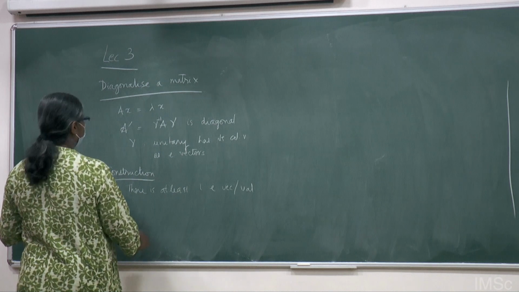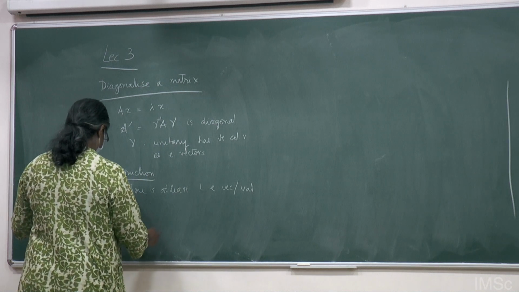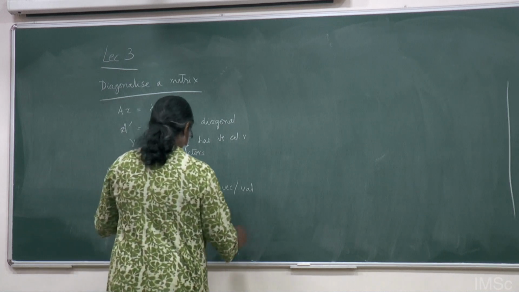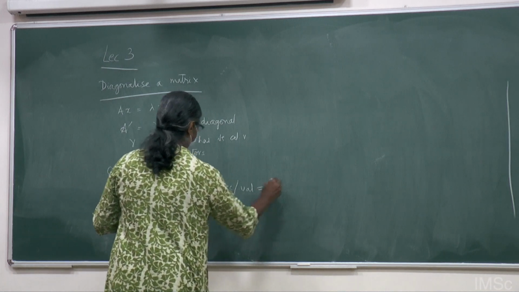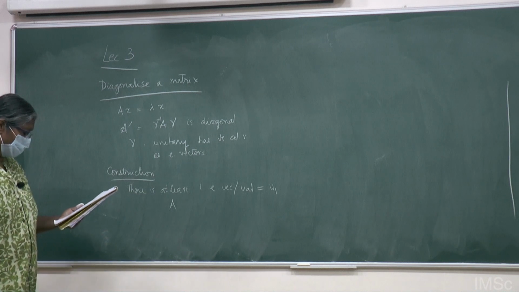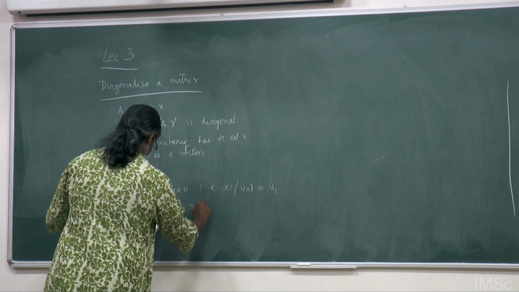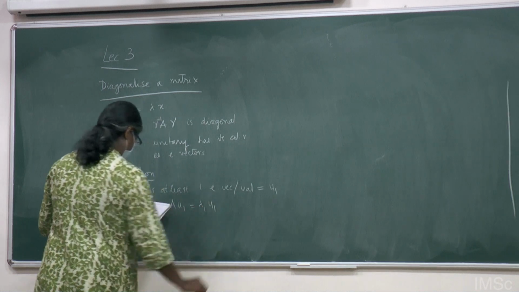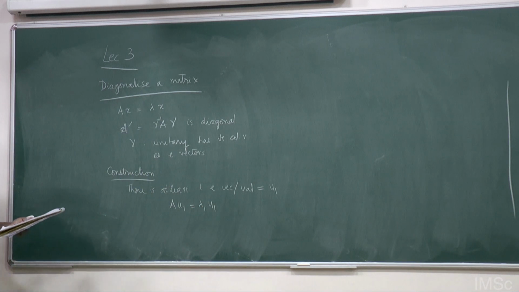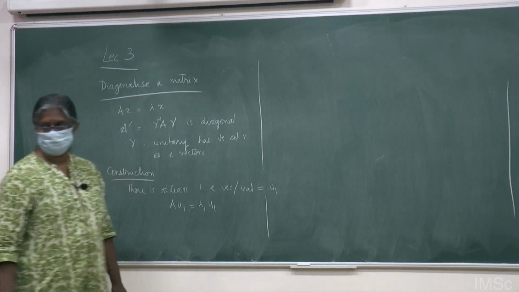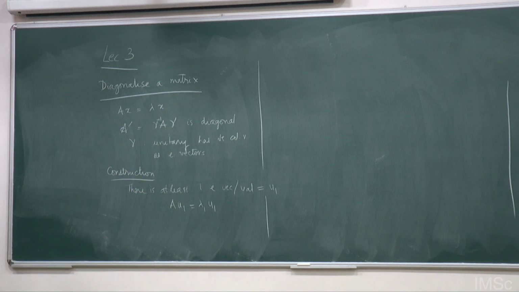I want to diagonalize this matrix A. Let me call this eigenvector U1. So A U1 is equal to lambda 1 U1. That we know because we know how to solve this using determinant of A minus lambda equal to 0, and the secular equation has at least one solution. So I can always write this.